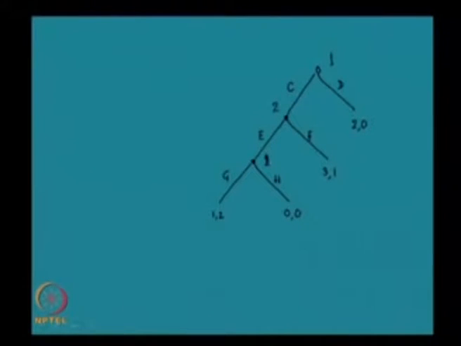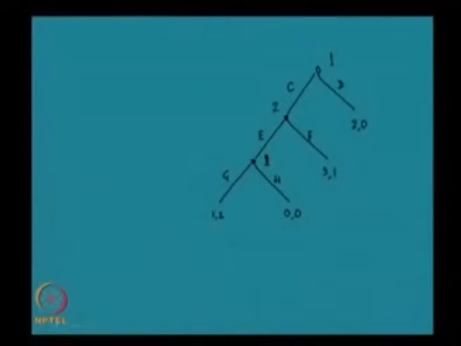Now, suppose we want to find out what is the Nash equilibrium, or what are the Nash equilibria, in this game. So, how shall we go about finding the Nash equilibria? First, I shall try to find out the strategy set, the set of strategies of player 1.